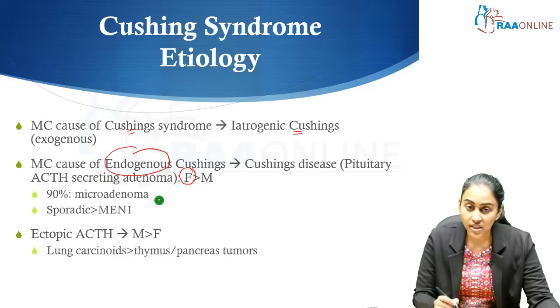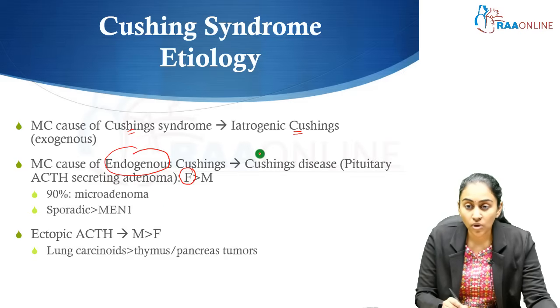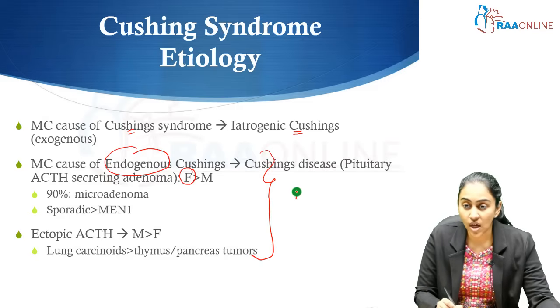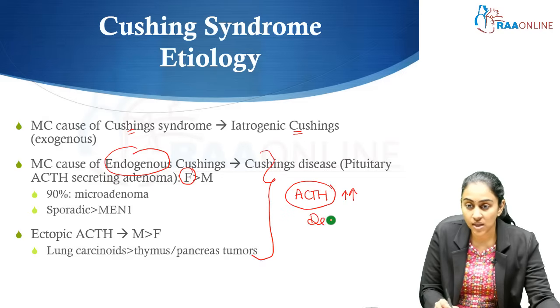Now, ectopic ACTH is another important cause of Cushing syndrome. Both pituitary Cushing's and ectopic ACTH secretion are driven by excess ACTH. Therefore, they are called ACTH dependent Cushing syndrome.